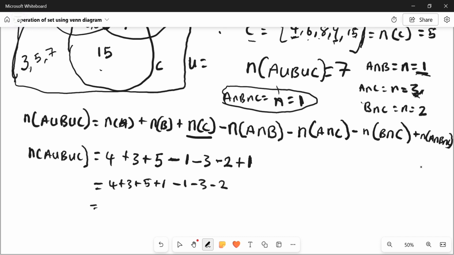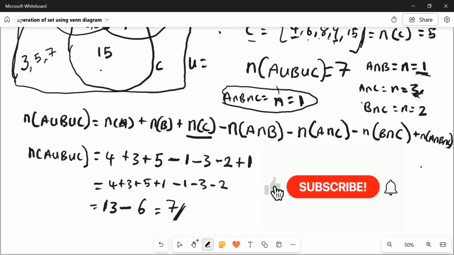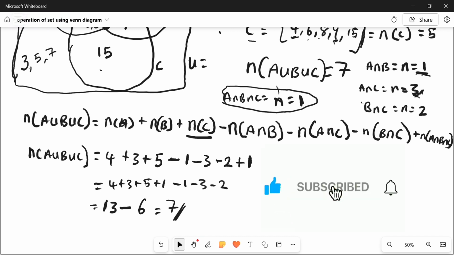Add 1 to it, 8 plus 5, so this is 13. Then minus 1 minus 3 minus 2 is minus 6. So we have this as 7. So you can see that your formula gave you 7, which is the same value we got when we observed it from our Venn diagram.